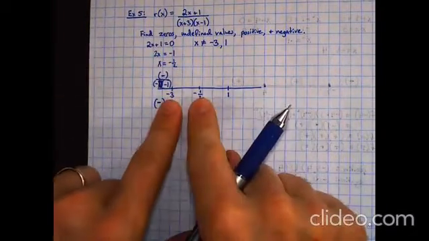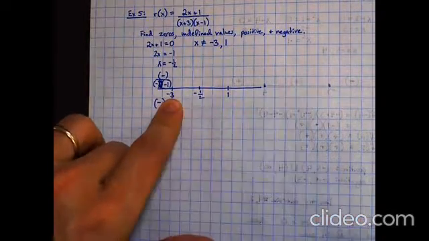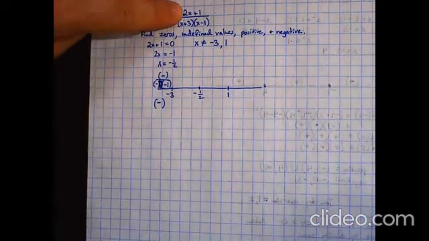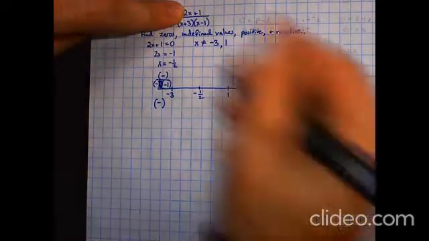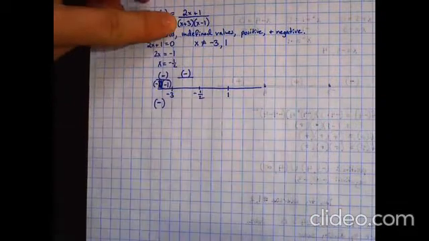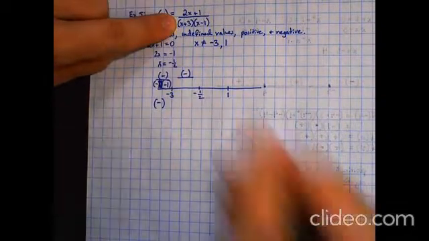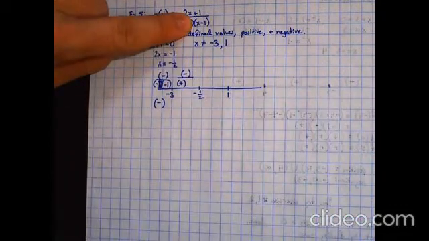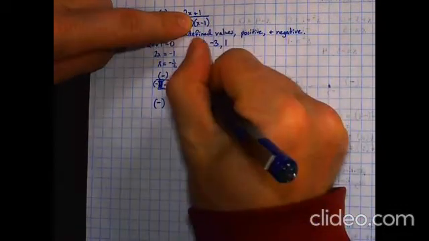Alright, between -3 and -1/2, I'm going to plug in a -1. So we got 2 times -1 is -2 plus 1, that's negative. -1 plus 3, it's positive. And -1 minus 1 is -2, that is negative.